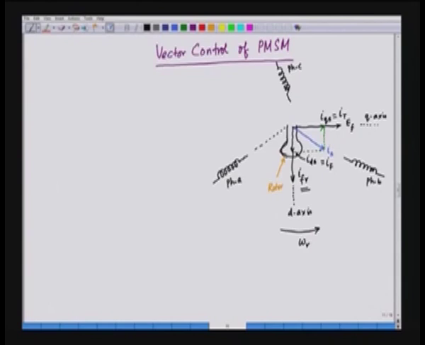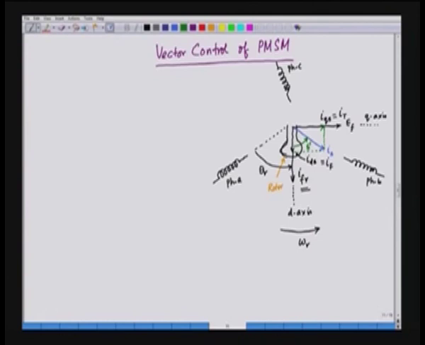Now, the angle between phase A and the d axis is theta r, the rotor angle. And we have already defined the angle between IF and IS. This angle is delta prime, which is something like a torque angle, and we have already shown that the torque is a function of delta prime.